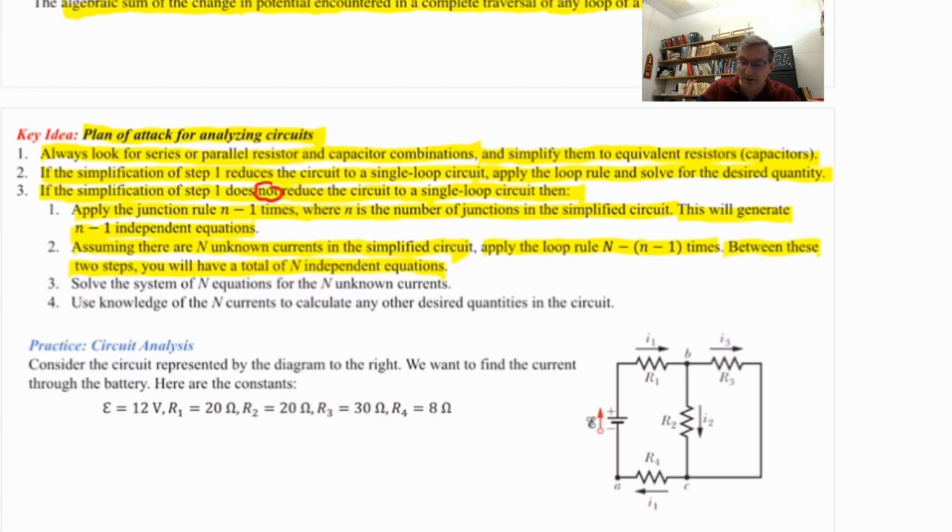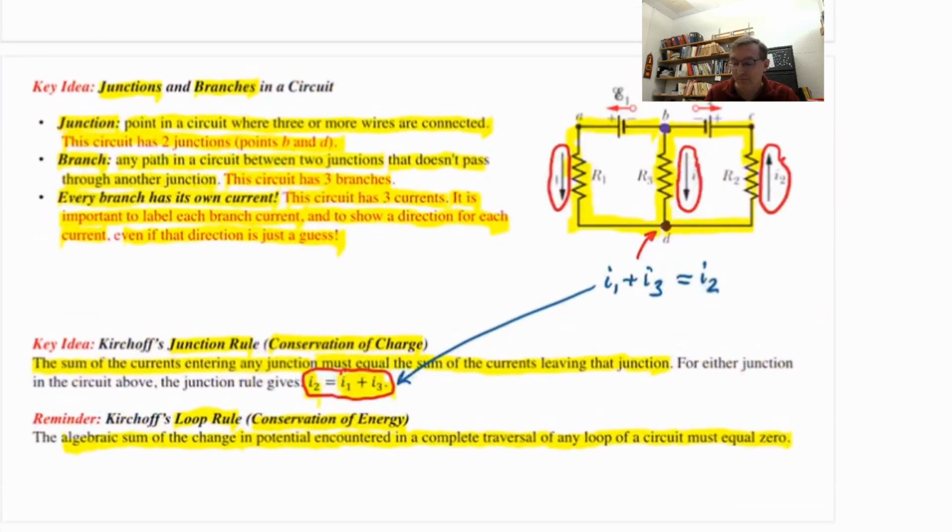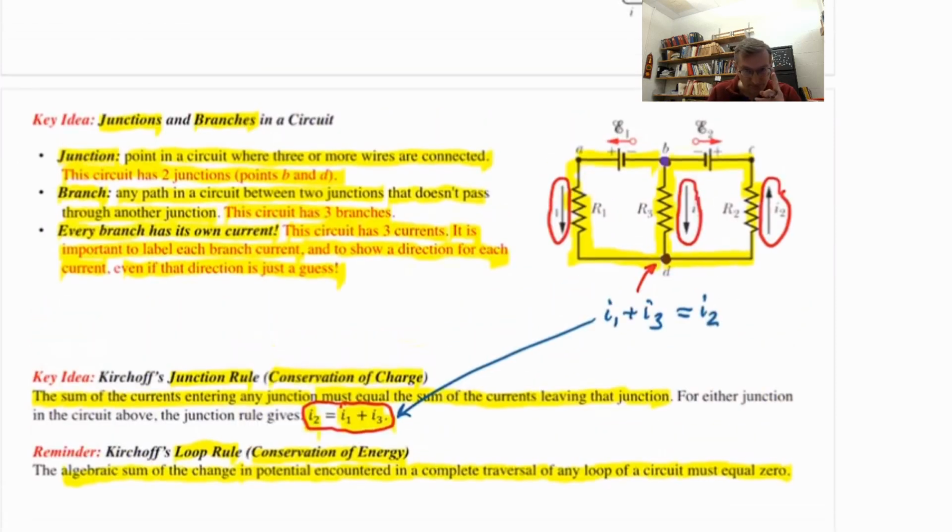So in that previous circuit up above, we have, to remind you, 2 junctions, so little n is 2, and 3 branches, each with its own current. So big N is 3.